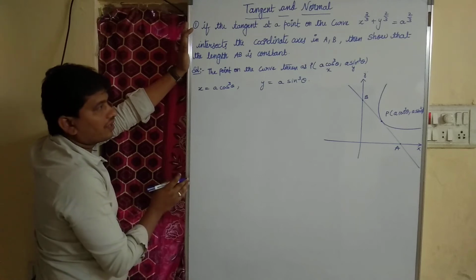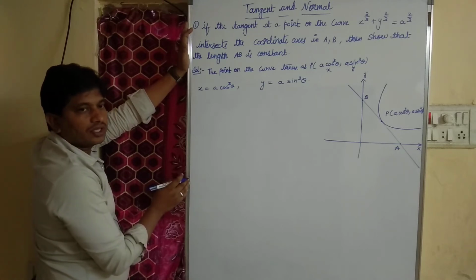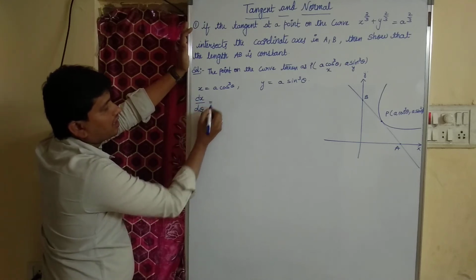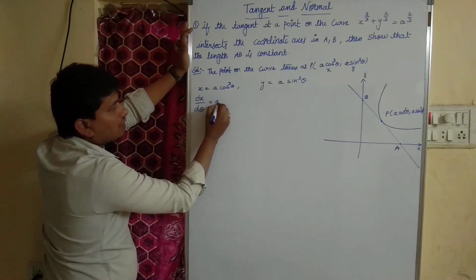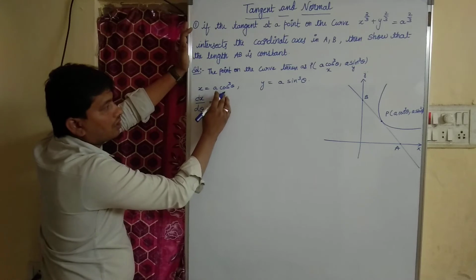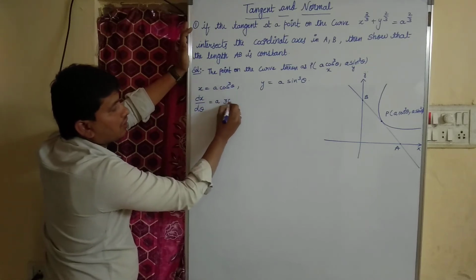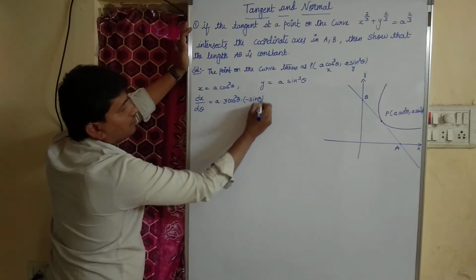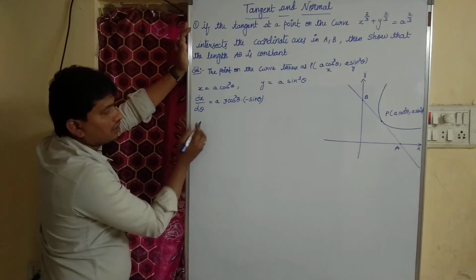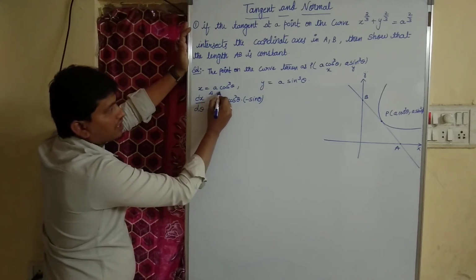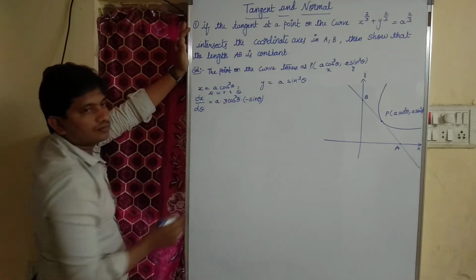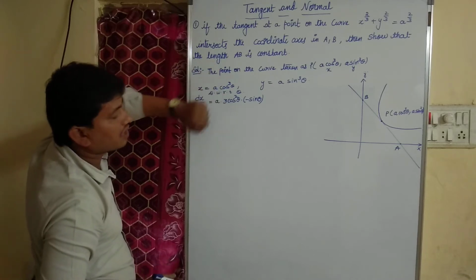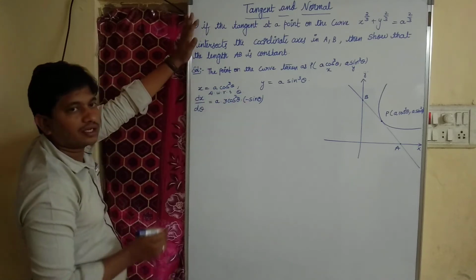Now let us differentiate with respect to theta, that is dx by d theta equal to, as a is constant, the differentiation of cos cube theta, which is 3 cos square theta into again cos theta derivative, minus sin theta.